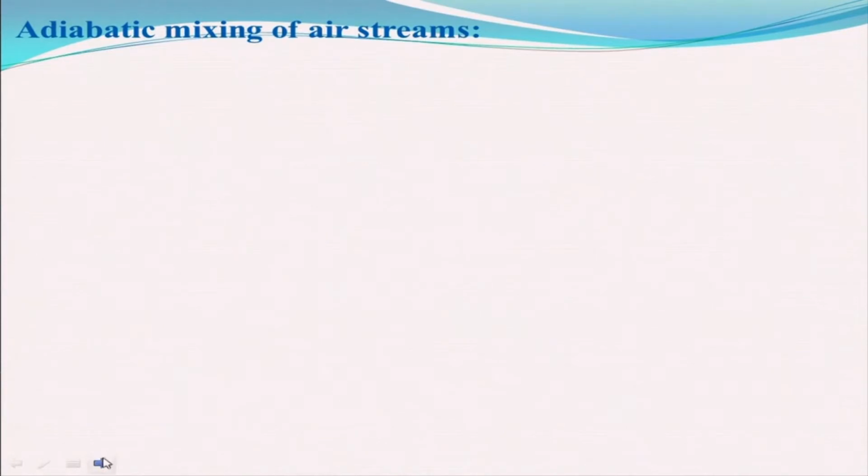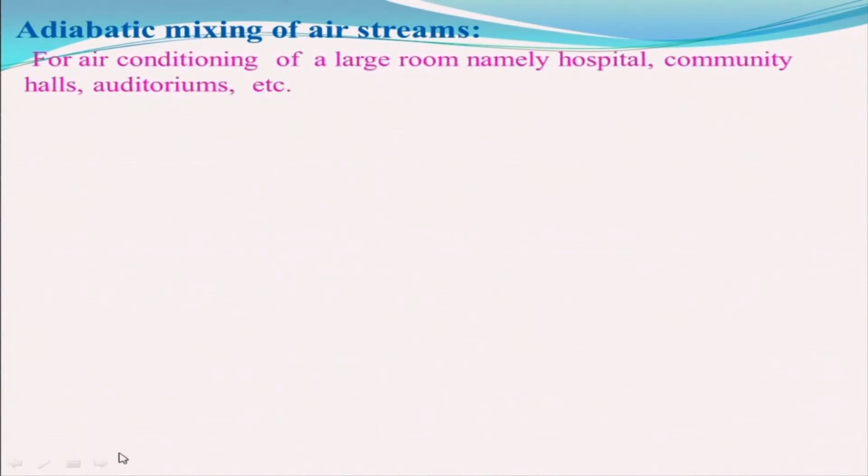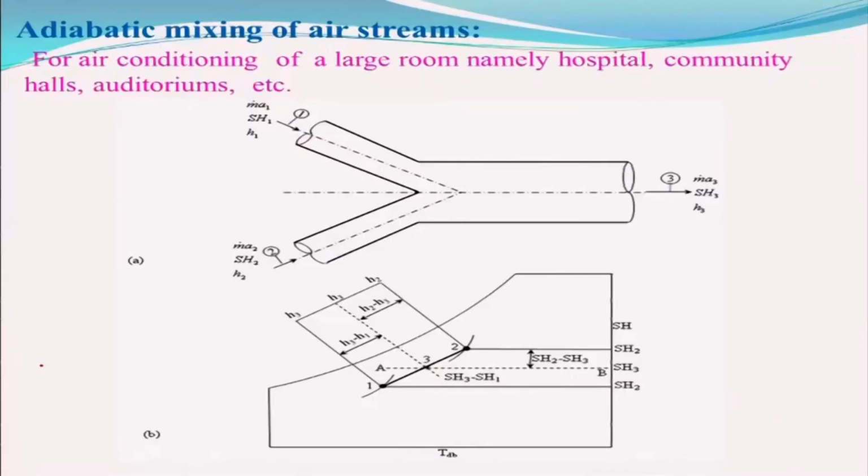This is particularly used for large rooms like hospitals, auditoriums, lecture halls and community halls, where you need to mix the air so that people can have a comfortable zone.